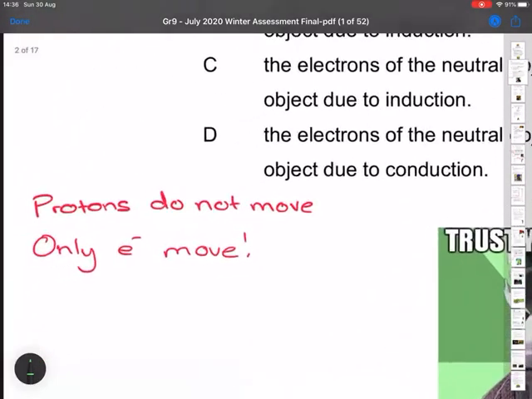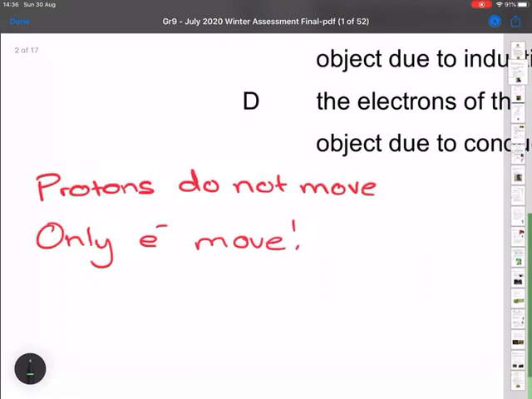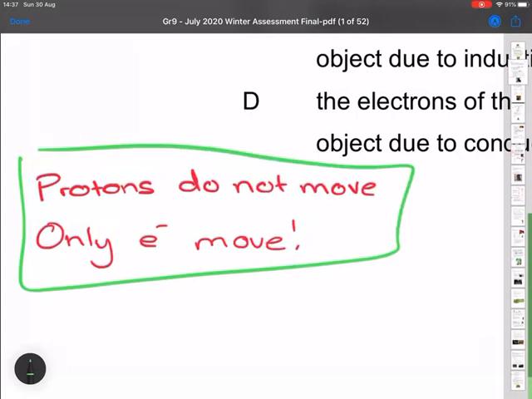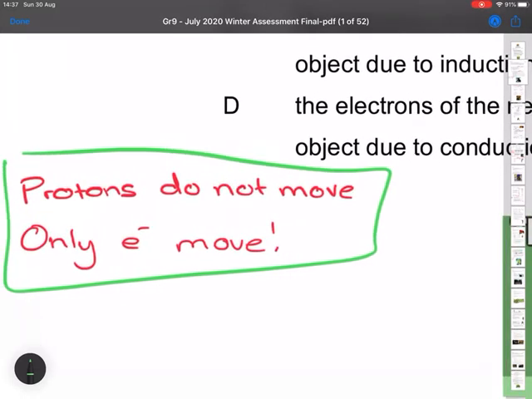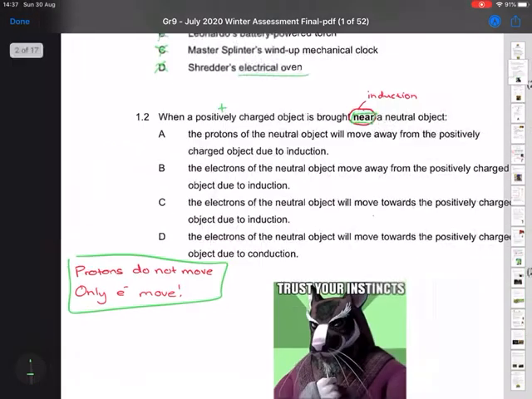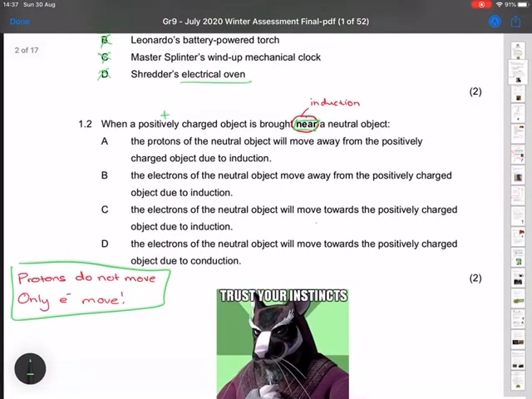Remember, protons do not move. It's the electrons that move.